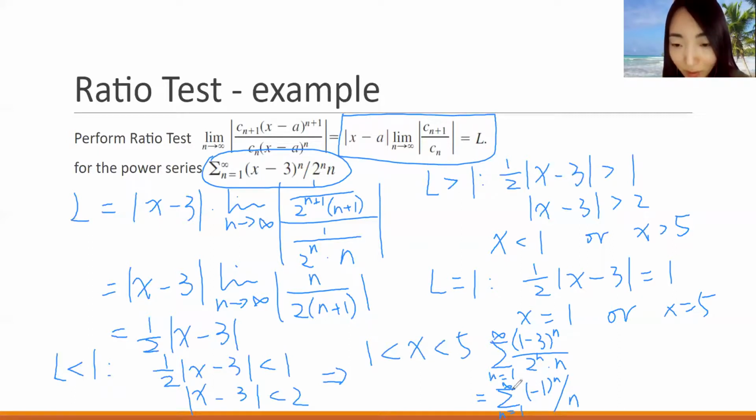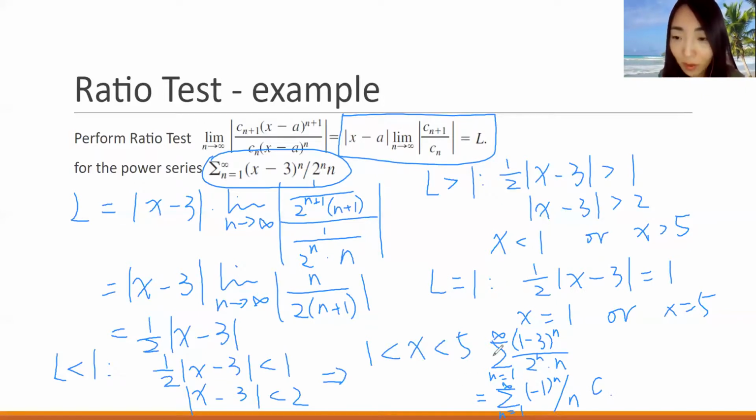And if you're familiar with this, this is alternating from positive to negative. So we can use the alternating series test to prove that this is actually a convergent series. So this means that at the point when x is equal to 1, this series converges.